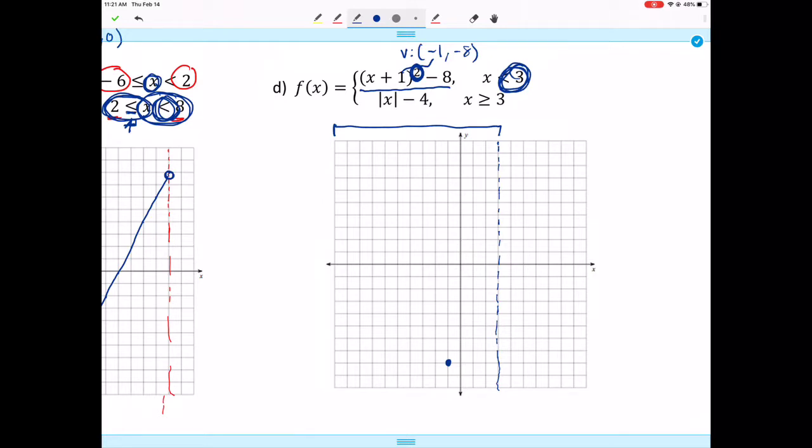So since a equals 1, and we want to use 1a, 3a, 5a, we'll go over 1, up 1, over 1, up 3, over 1, up 5, over 1, up 7. And you'll just mirror over to the opposite side. Okay, connect the dots.